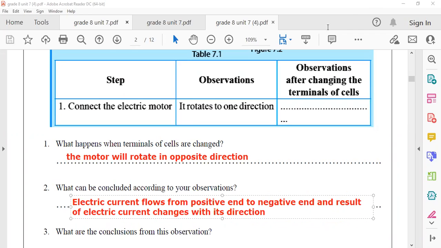Result of electric current changes with its direction. Done, sir. Have everyone completed it? Yes, sir.